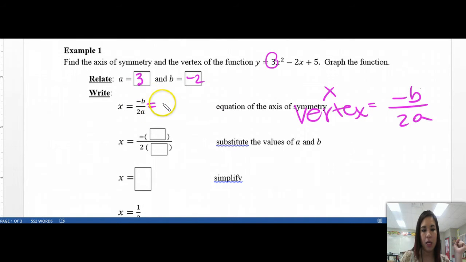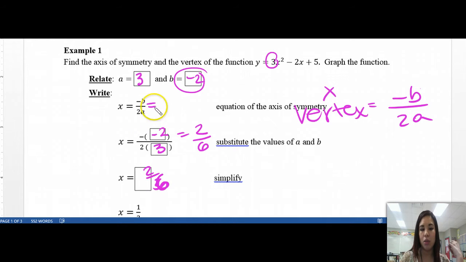That's negative negative 2, over 2 times 3. The negative 2 makes that a positive 2, and 2 times 3 is 6. However, I can simplify 2 over 6 to 1/3.